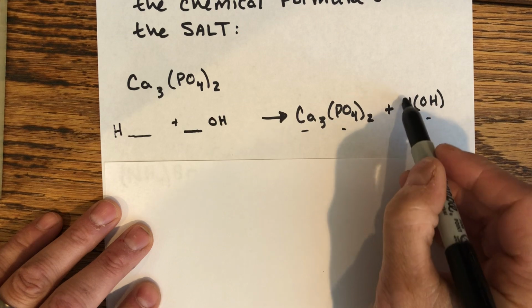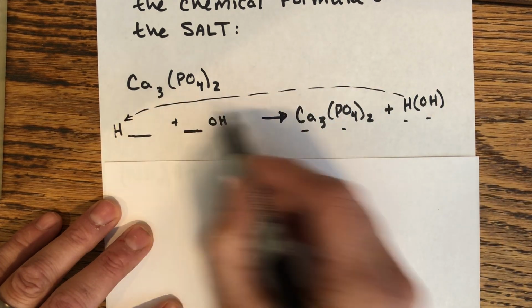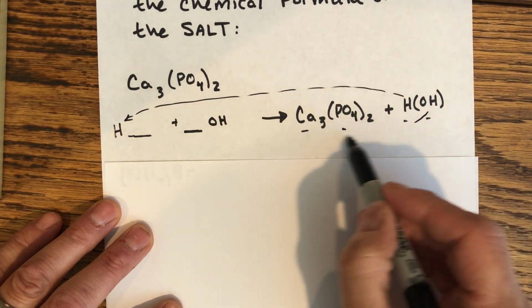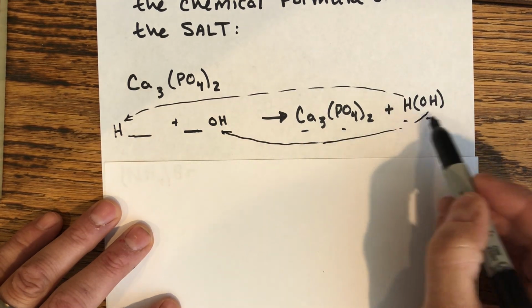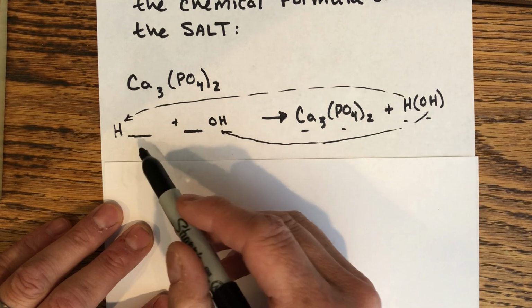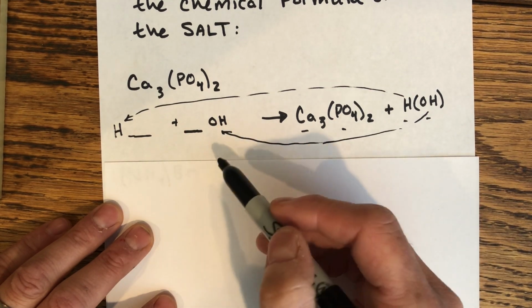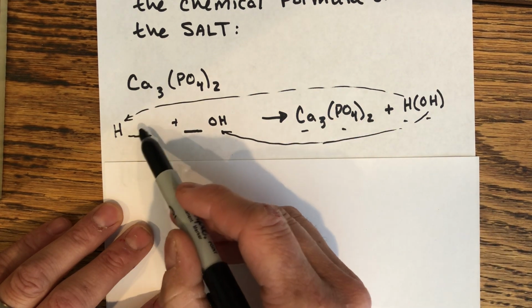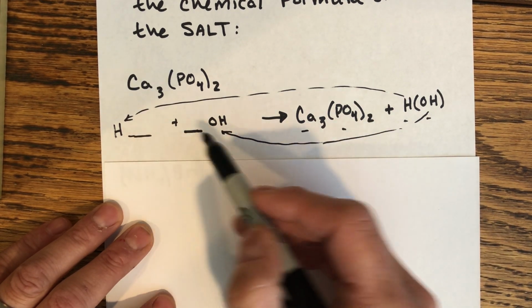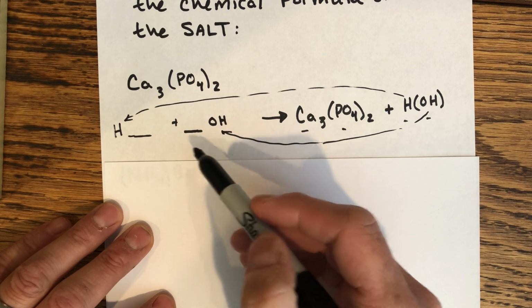So here's the hydrogen, and here is the hydroxide, right? So this hydrogen and hydroxide, that's the hydrogen and the hydroxide that came from the acid and the base. The salt is the anion that is part of the acid and the cation that's part of the base.